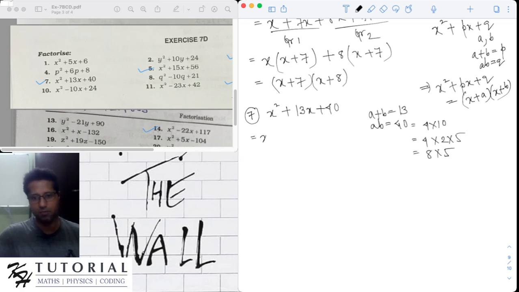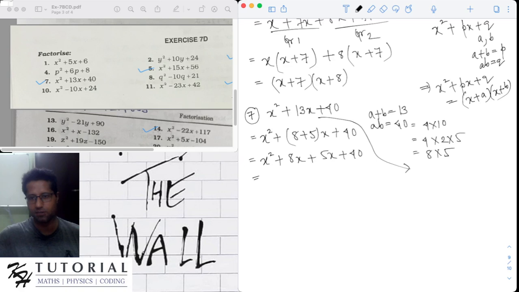So this is equal to x square plus 8 plus 5x plus 40, which is x square plus 8x plus 5x plus 40. Now, directly I can say that this is equal to x plus 8 multiplied by x plus 5, but I am doing it step by step.